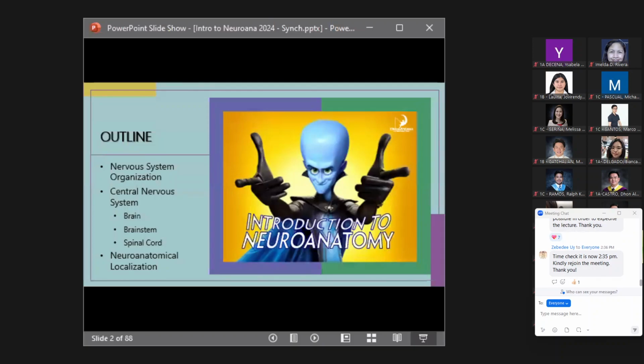Then the three lectures on the central nervous system: the brain, the brainstem, and the spinal cord, and the part on neuroanatomical localization. The last one is important for the course, to have a perspective on all the lectures that you will have in neuroanatomy subsequently.